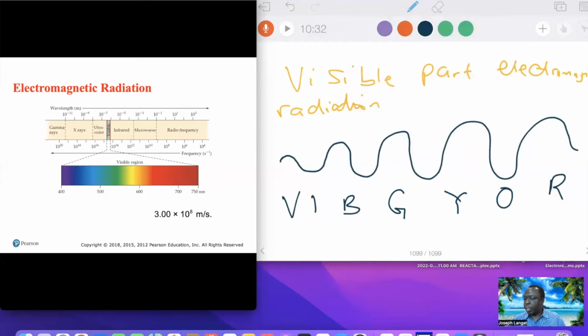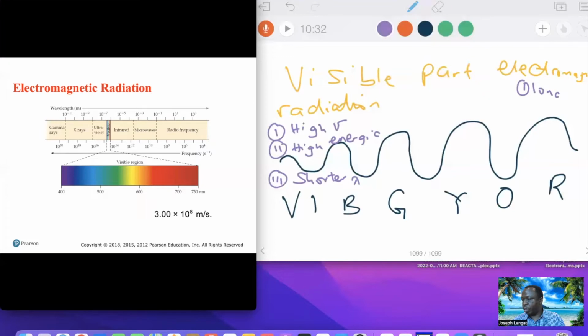On this side, this is a high frequency, high energy, more energetic, all right? And here, shorter wavelength. Here is longer wavelength, all right?